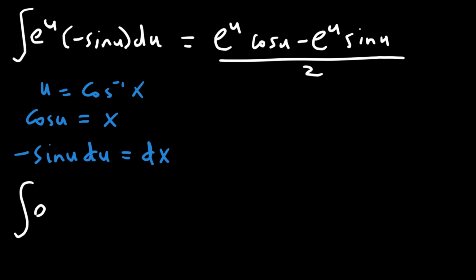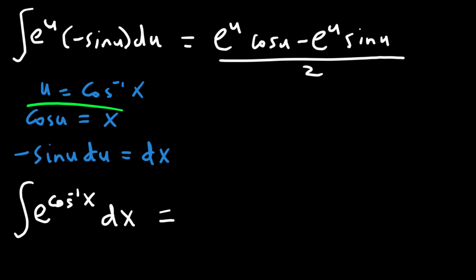Now this will be e to the power of cos inverse of x and then times, now negative sine u du will become dx. And you will realize that this is the integral we were told to find, and this will be equal to, now on the right hand side, what will we have?